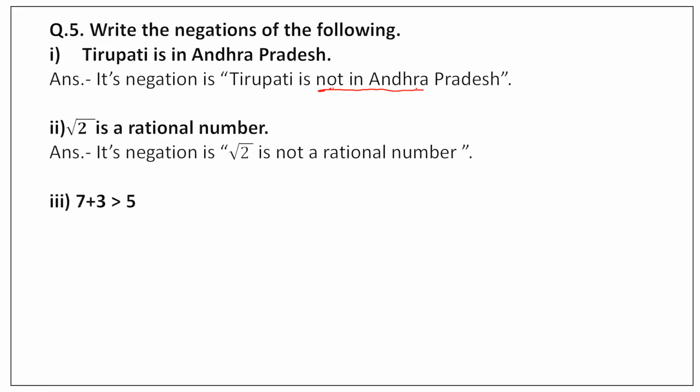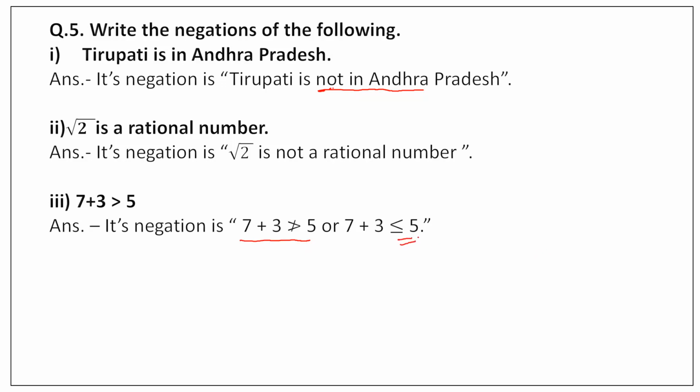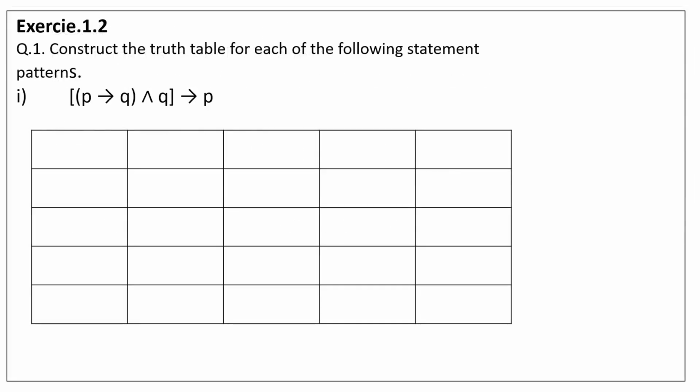Third one. 7 plus 3 is greater than 5. So its negation can be written in two ways. 7 plus 3 is not greater than 5, or 7 plus 3 is less than or equal to 5. Okay, examples of negation. So this is an important one.